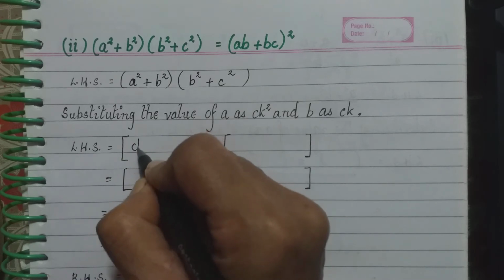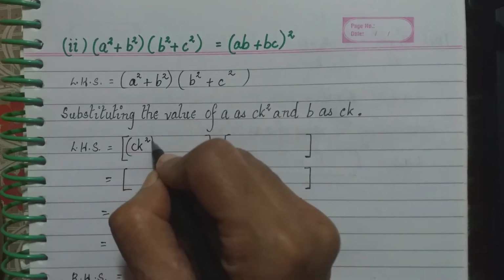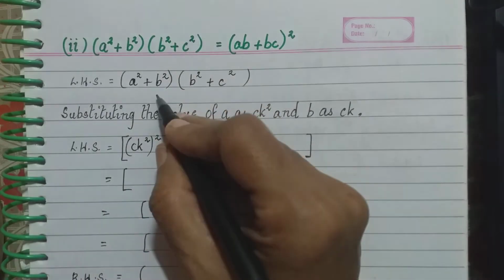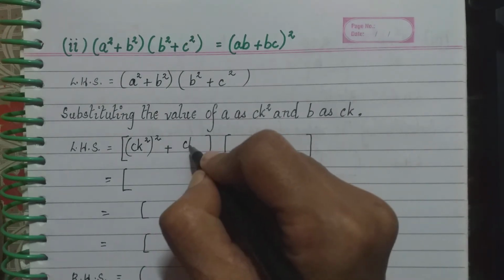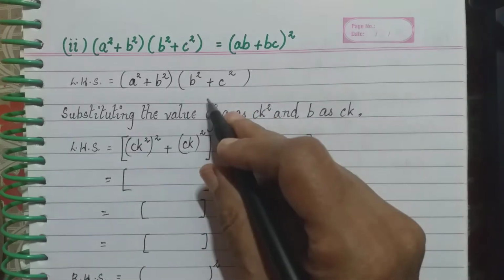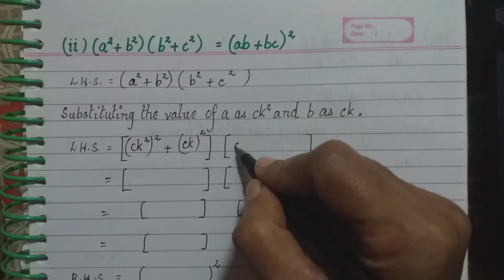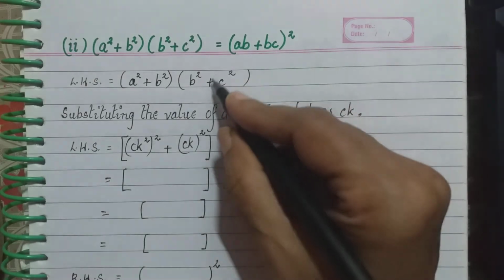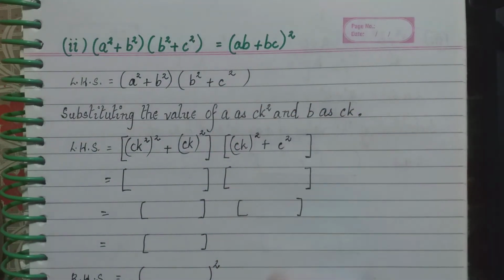So this becomes ck square, but this is a square. So ck square the whole square plus this is also b square and b is ck. So this becomes ck the whole square. Now here I have b square plus c square. B square will be the same thing as this, that is ck the whole square. C terms we write as it is. So we write here c square.